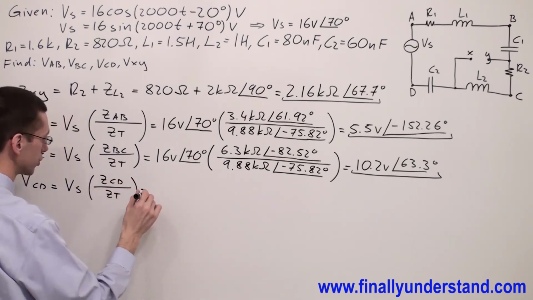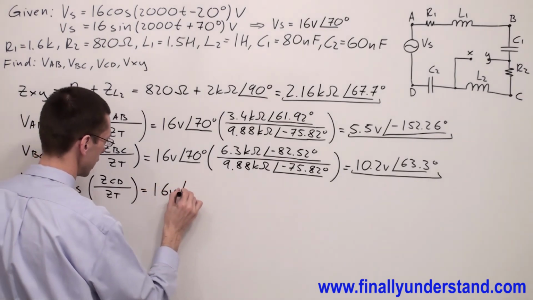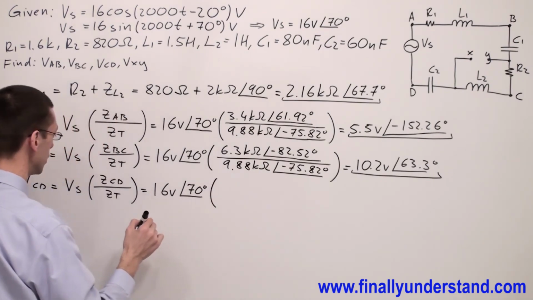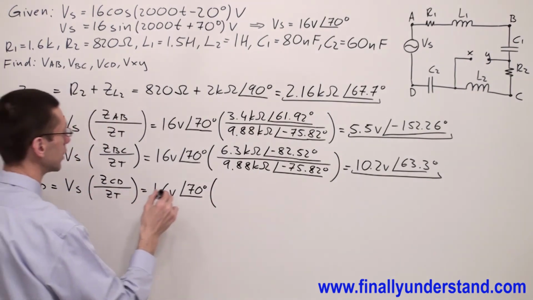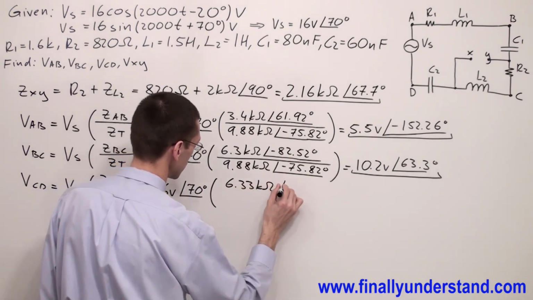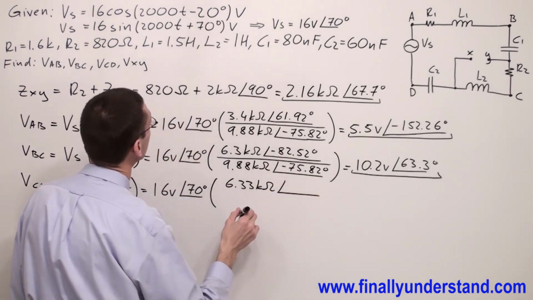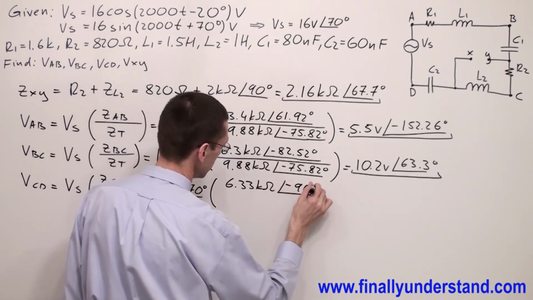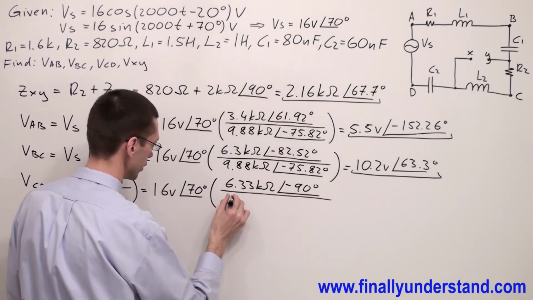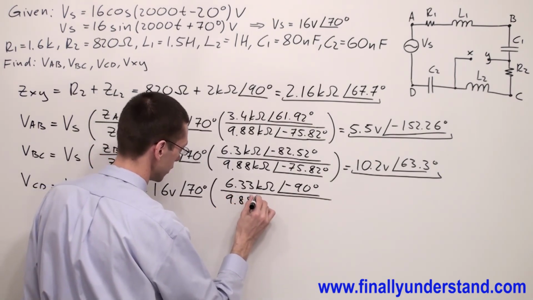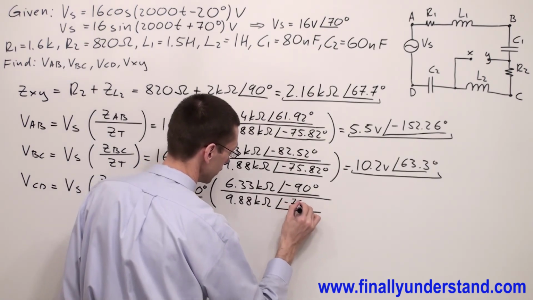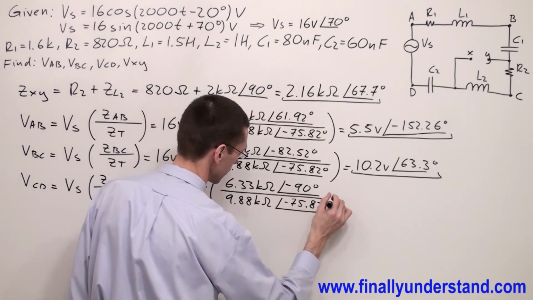This is equal 16 volts and angle of 70 degrees, open parenthesis, ZCD is equal 6.33 kilo ohms and angle of negative 90 degrees over Z total, which is equal 9.88 kilo ohms and angle of negative 75.82 degrees.